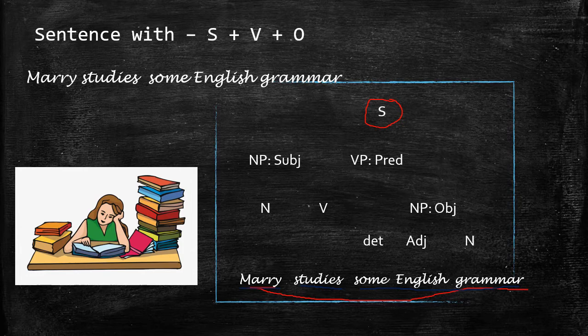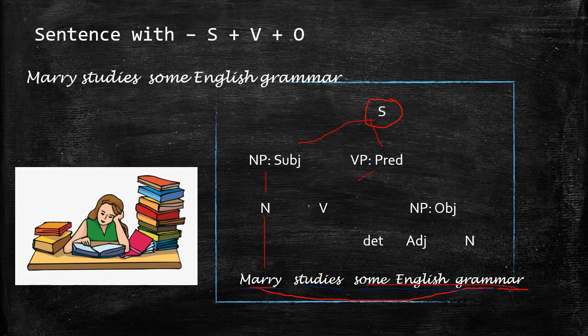And then we continue. We divide into two main branches. It is NP as a subject and VP as a predicate. Because the subject is only Mary, you can make a noun, and after that you make a line to Mary. And then the VP, we have studies as a verb, and we have some English grammar as an object.